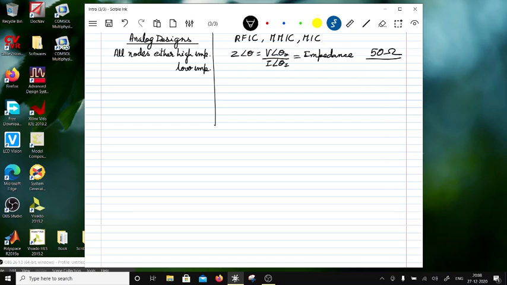So for example, at 33 ohms you are going to have the best power capability, but at 70, let me see, I think it's 77 ohms or 70 ohms. Let's see, a calculator here.